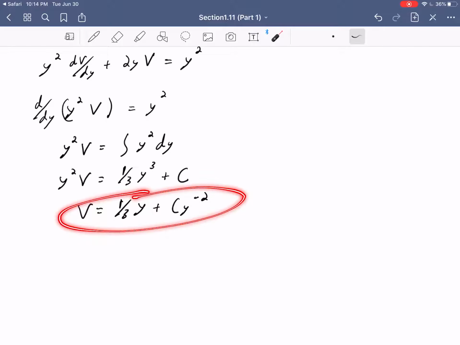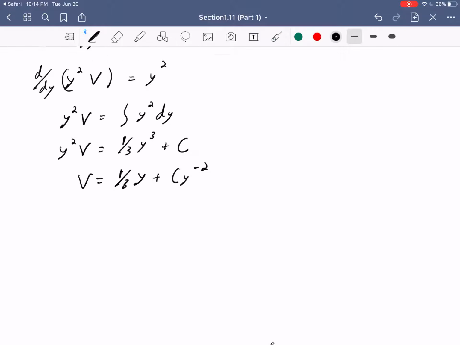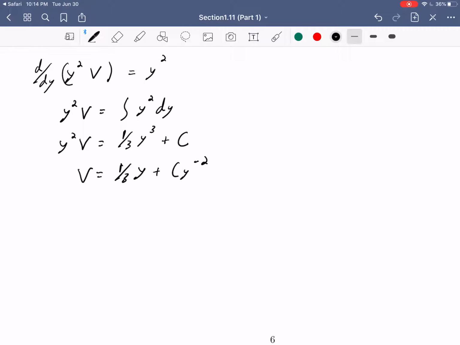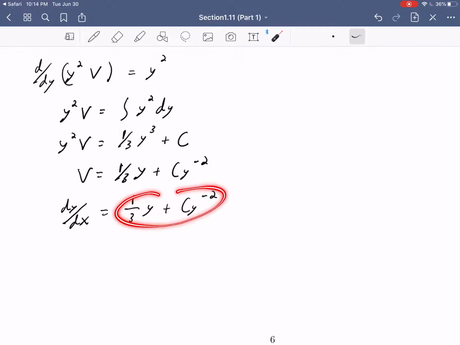All right, we're almost done. Now we just have to undo the substitution and solve one remaining differential equation. So we can now go ahead and take this as dy/dx is 1/3 y plus c y to the minus 2. This is now a first order differential equation. Maybe it isn't immediately clear how we can solve it, but notice there are no x's. So you should be able to solve this using separability, where you can bring this over to the other side.